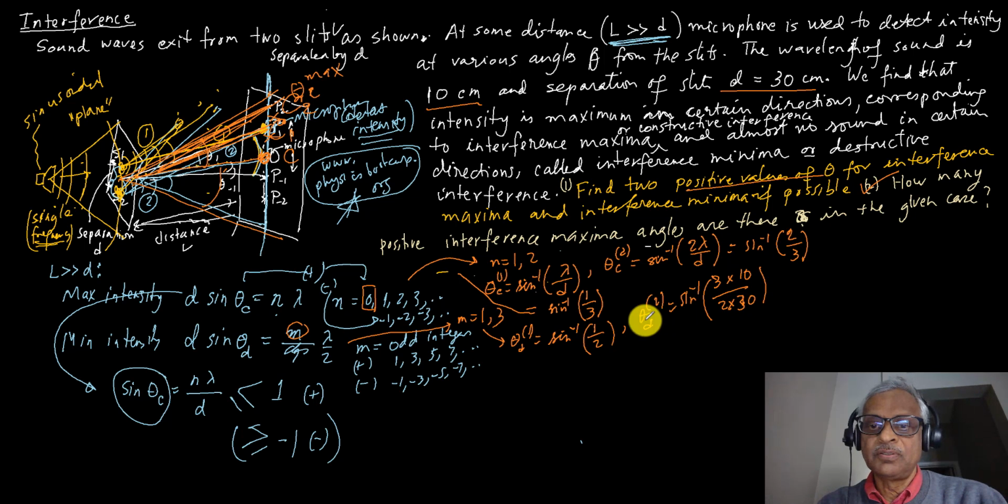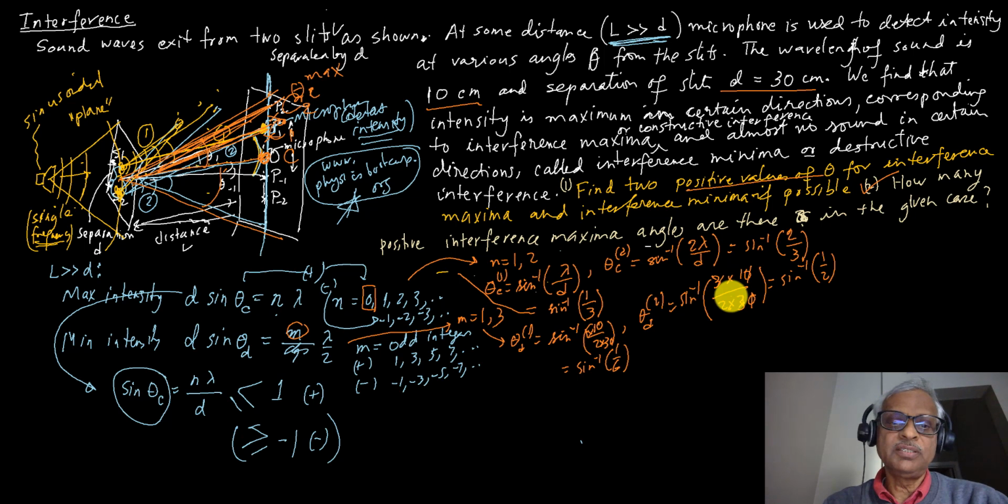So this is 1 times 10 times 2 over 30, so this is actually 1 over 6, not 1 over 3. So this is arc sine 1 over 2.